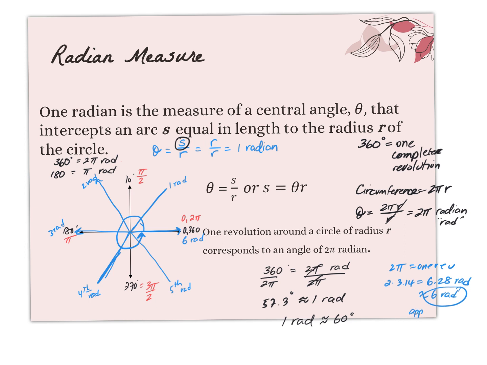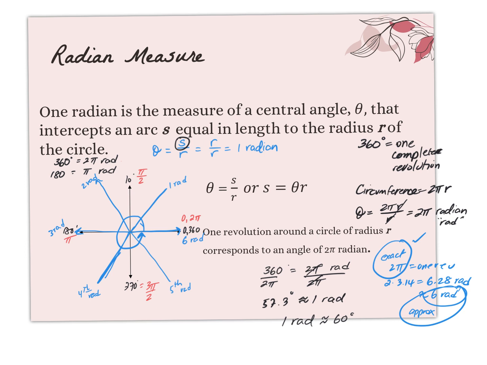This is an approximation. Pi is exact. So it's more exact to say 1 revolution is 2 pi radians than to say that 1 revolution is 6.28 radians or 6 radians. So most of the time we talk in terms of pi because it's more exact.